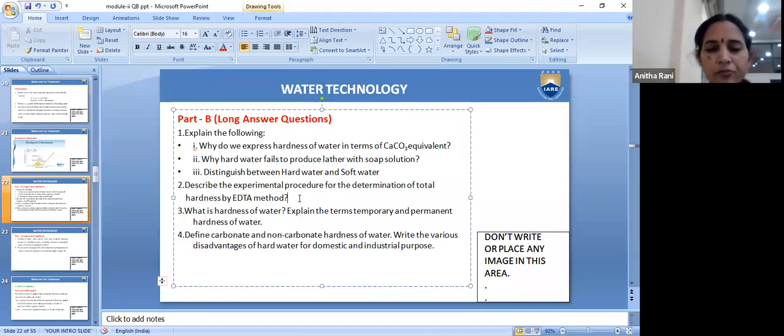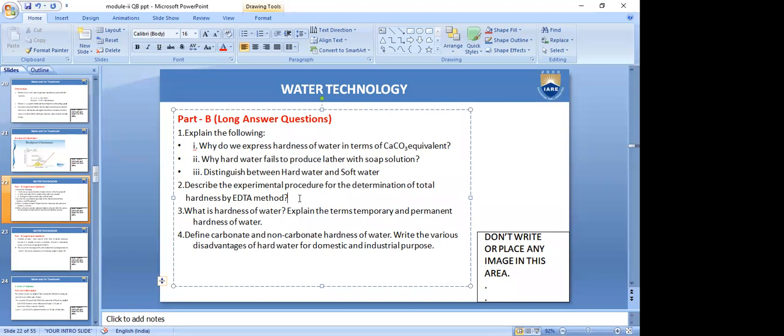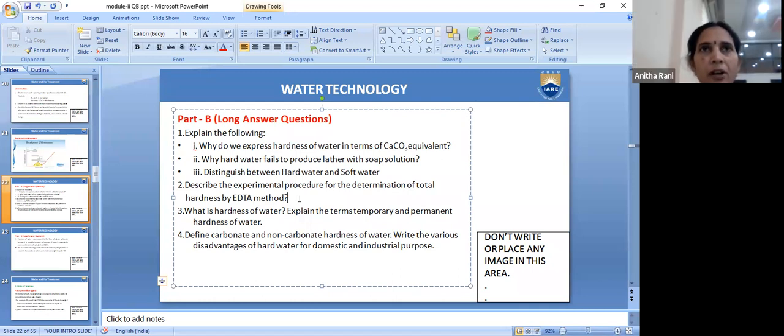Step 1, tell me the molarity formula. Molarity is weight by molecular weight into 1000 by V in ml. So in step 1 we find the molarity of standard hard water.